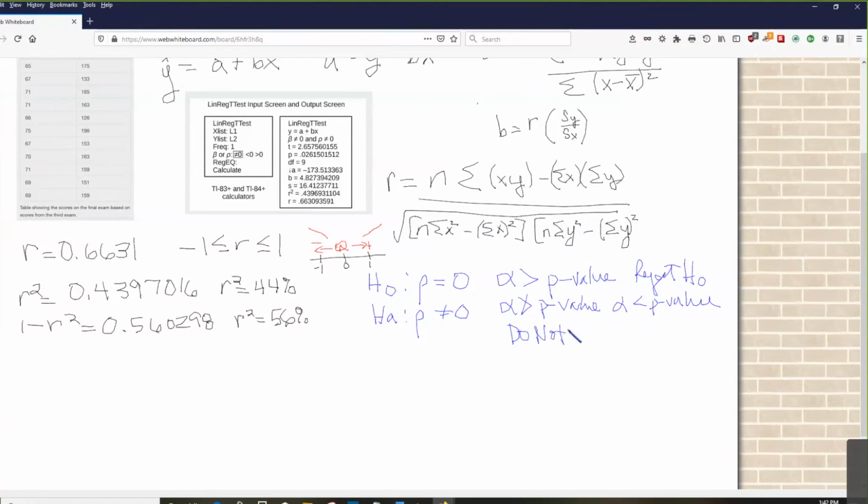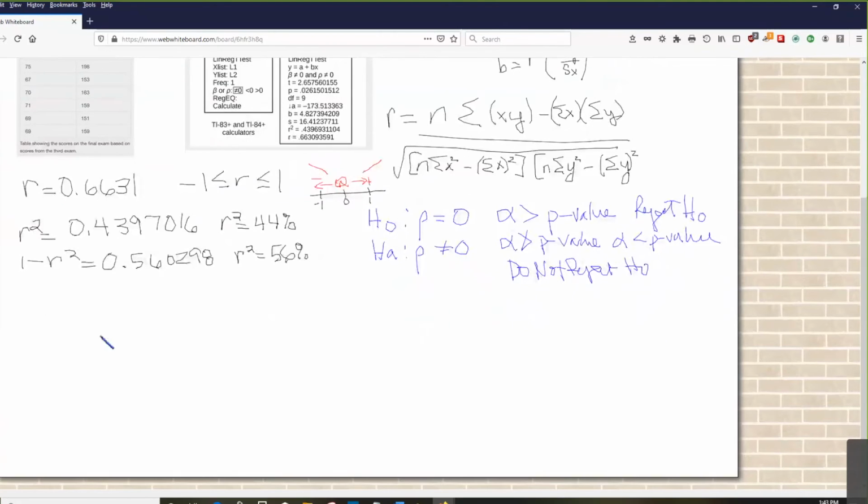Do not reject the null hypothesis. And that means that there is insufficient evidence to conclude that there is a significant linear relationship between x and y because the correlation coefficient is not significantly different from 0.